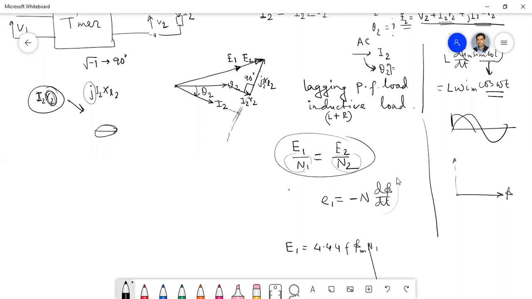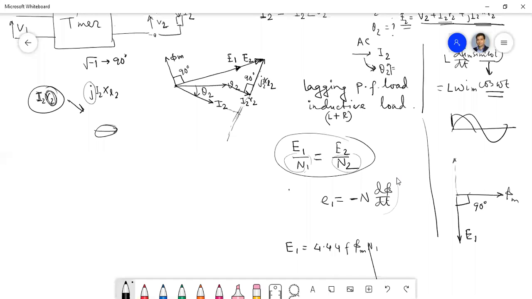But as we have a negative sign, basically it will lag by 90 degree, isn't it? Is that clear? So here we have to draw the phi m in this direction, because E1 should lag phi m by 90 degree. Here also E1 is lagging phi m by 90 degree.